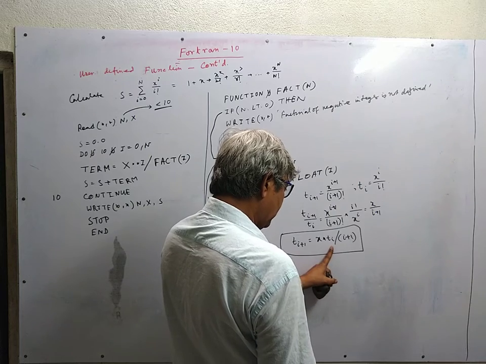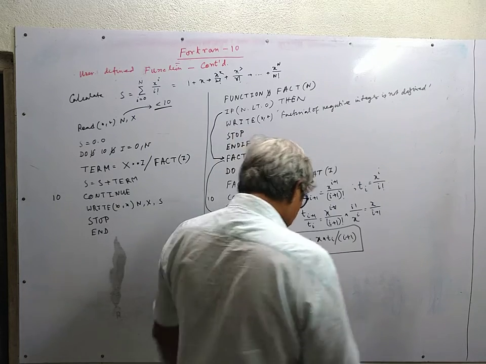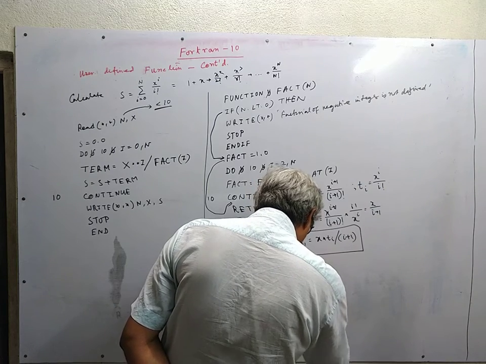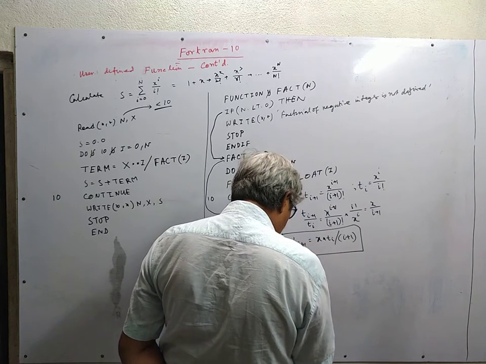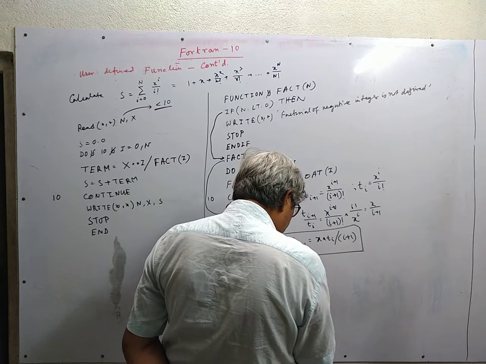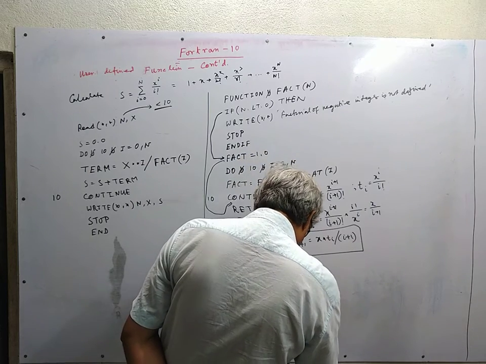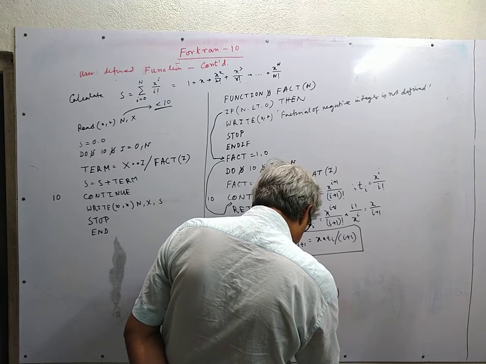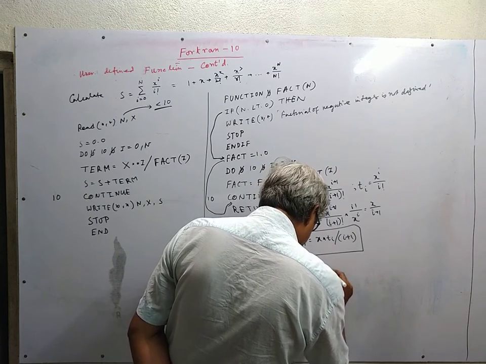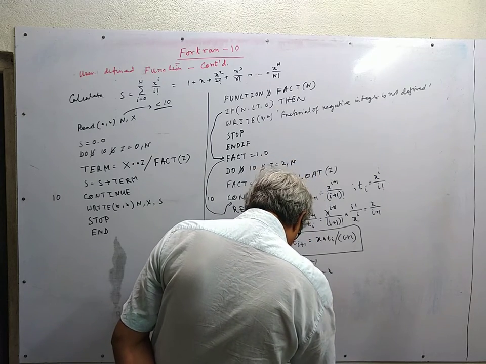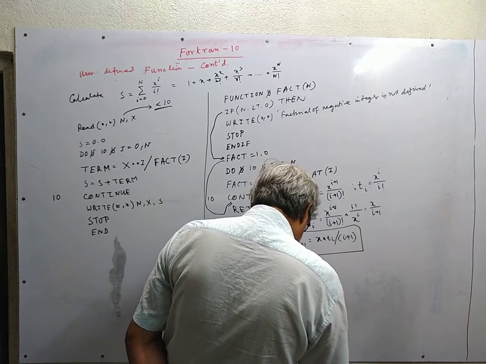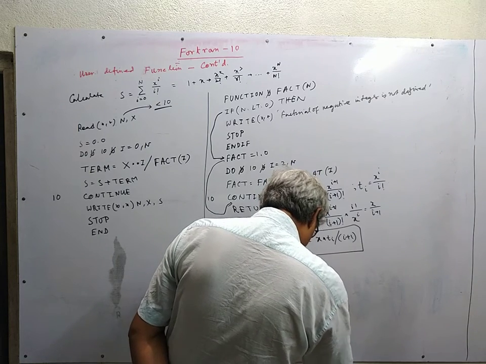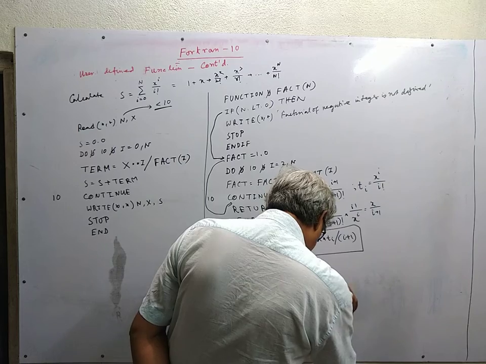So t0 is equal to 1. When we come to t1, you put I is equal to 0, so t1 comes out to be x times 1 by 1, this is x. Now t2 is equal to t1 times x by 2, so this is x square by 2.